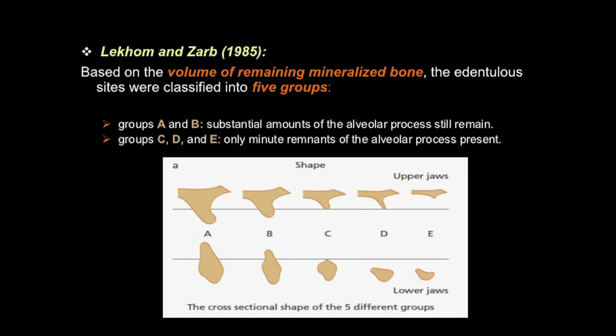The edentulous sites were classified accordingly into 5 groups: Group A, B, C, D, and E. In A and B, you see that a substantial amount of alveolar process still remains, and here we can put in the implant and augment at the same time. While in groups C, D, and E, there is only a very minor amount of alveolar ridge process present, where you have to build with autogenous bone or some other techniques of ridge augmentation.